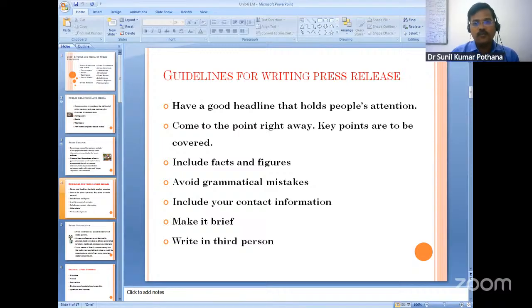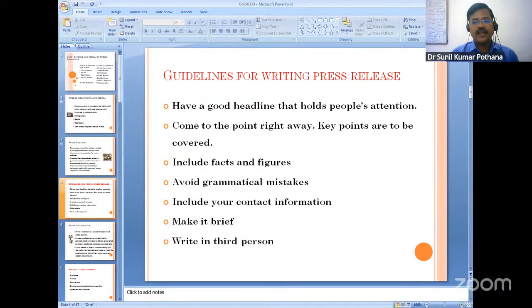As a publications officer, we have to excel in various kinds of languages, Hindi, Telugu, and English. Mostly press releases are in English, so we must excel in the language.